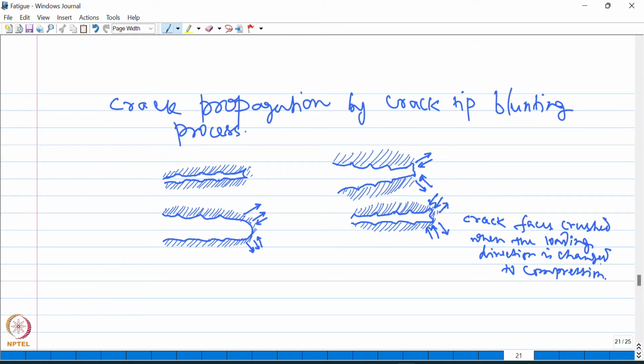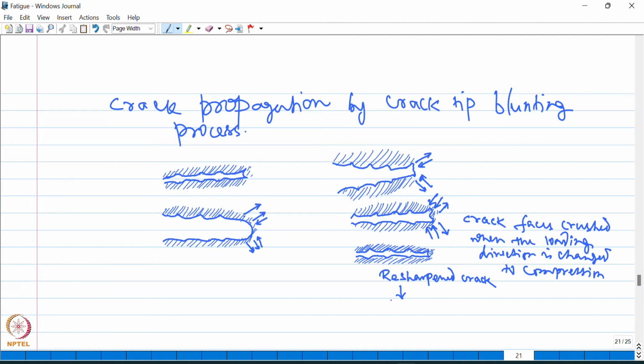In this situation, the crack partly folds by buckling to form a resharpened crack tip, as shown by this diagram now. So this resharpened crack tip is now again ready to advance and be blunted in the next stress cycle.